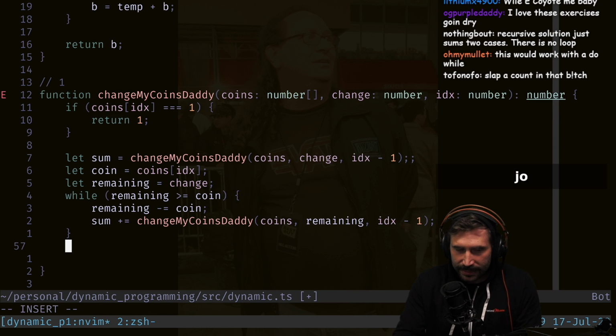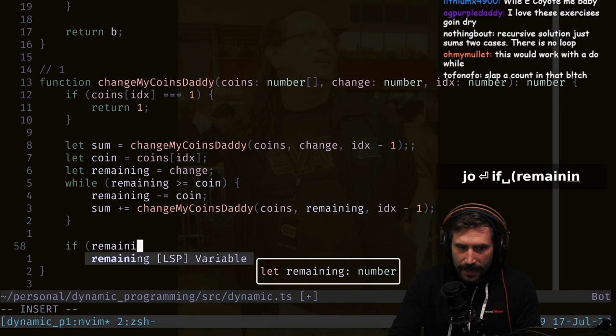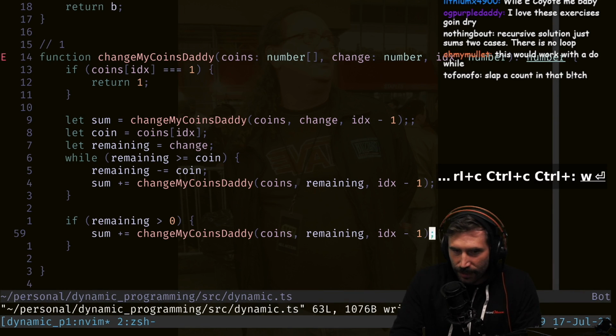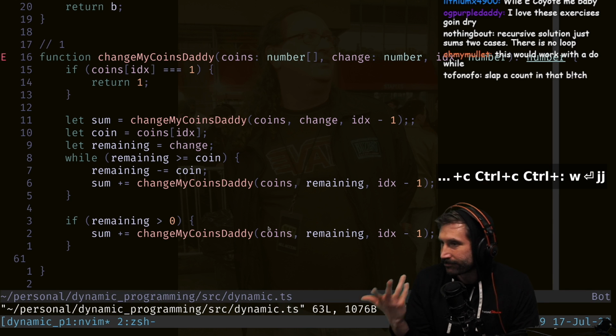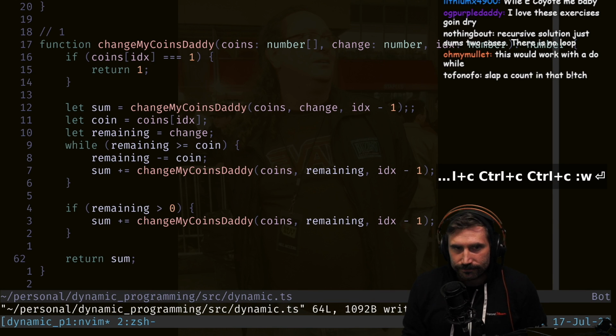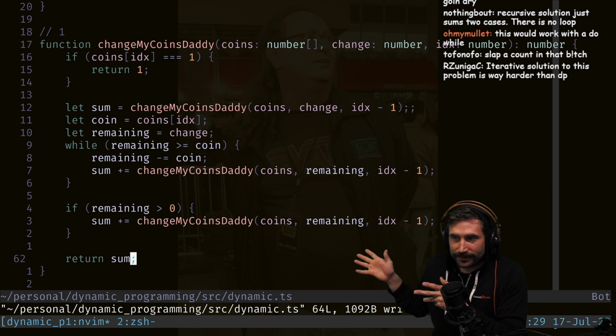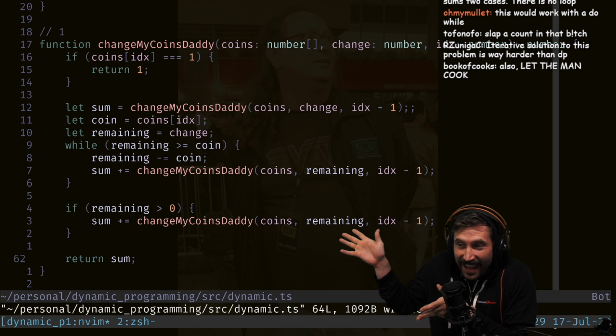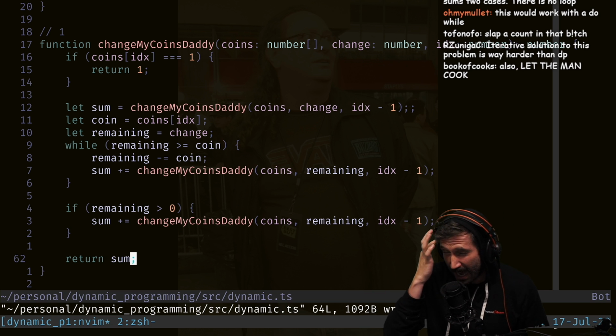That seems right. I think this is right. If remaining is greater than 0, well, then we need to do, I don't even know if this is true, right? So I don't know if this actually is correct at all. I have no idea. Okay, I kind of made it up.